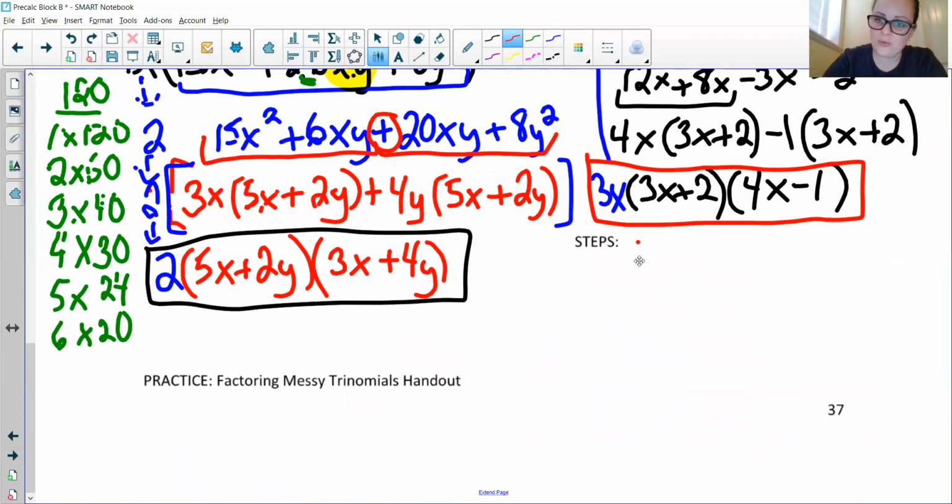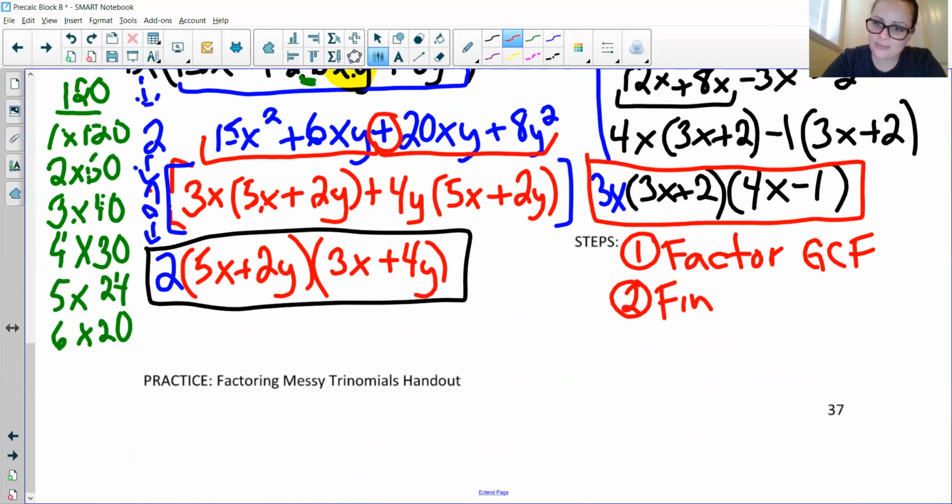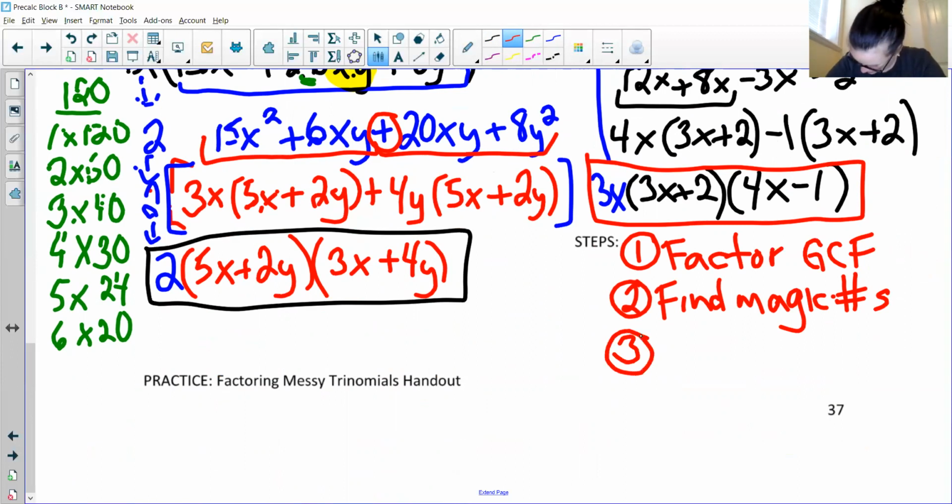So the first thing you're always going to do is factor out any greatest common factor if possible. Factor greatest common factor out. Okay, you're then going to find your magic numbers. Okay, you're then going to factor by grouping, which is also known as decomposition method.